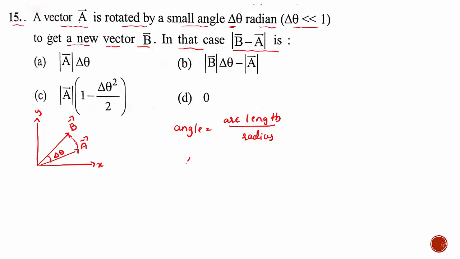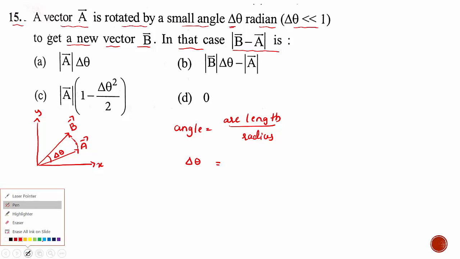Arc length means you can observe this part, the distance between A and B. How to find this part? See here, this is the position of A. This is the position vector of B. How to find the distance between these two positions? Final position minus initial position. That gives the distance between B and A.